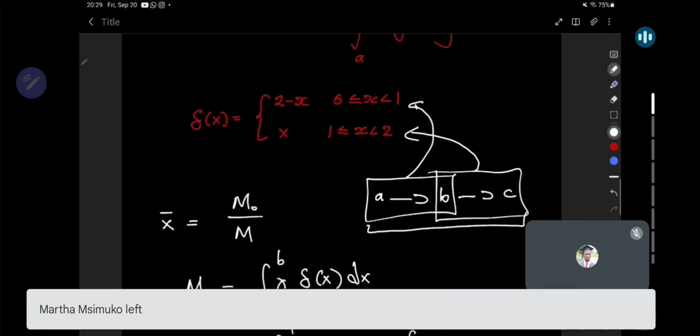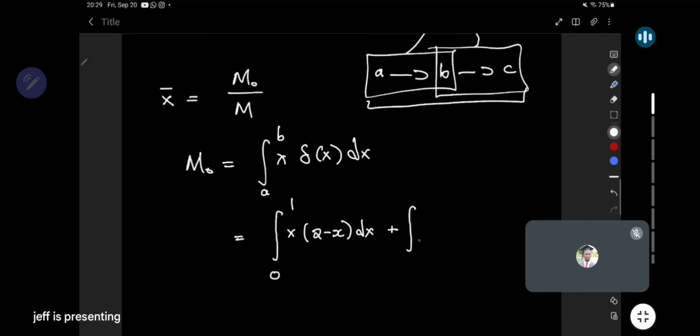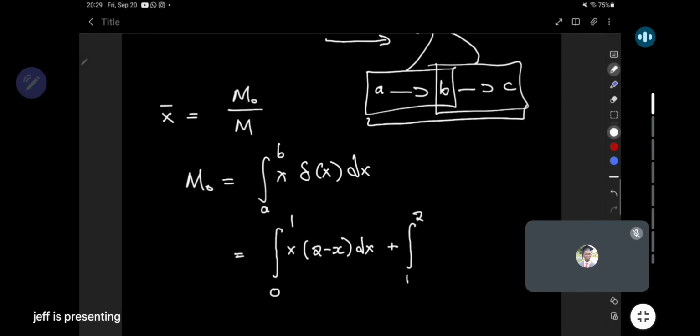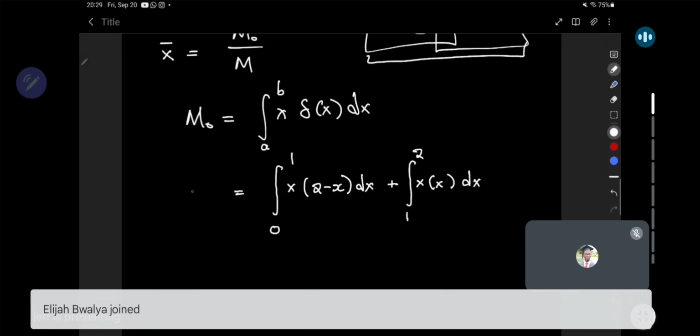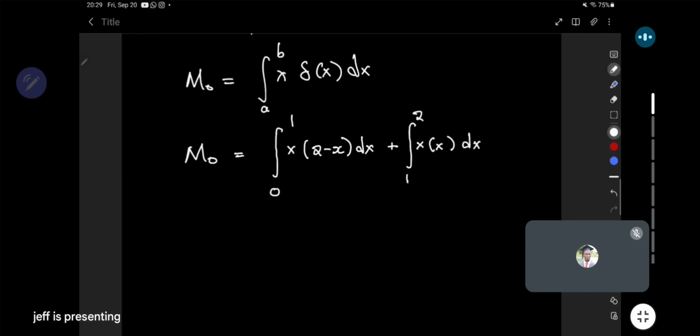The second part starts from 1 and goes up to 2. So the second part is now from 1 to 2, and in that interval, the density is just x. So this is the only thing that changes here. This is how you're going to get the moment about the origin. Just integrate these two functions and then add your results.